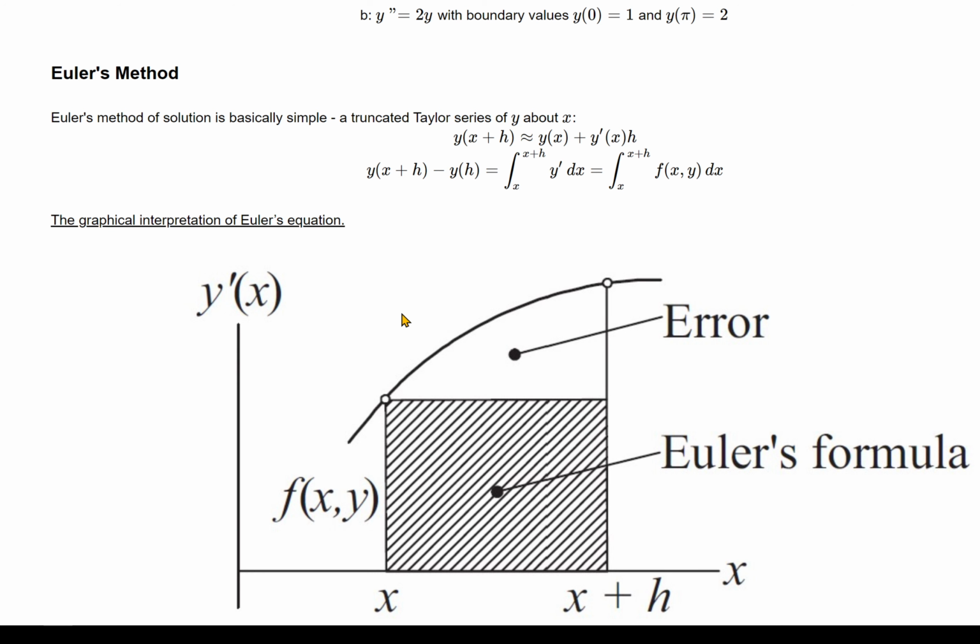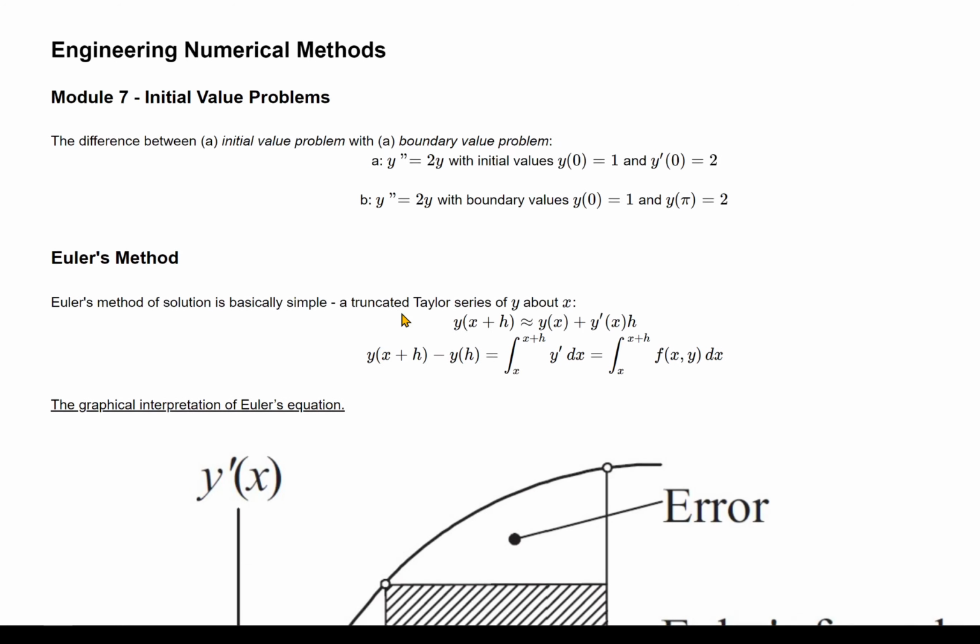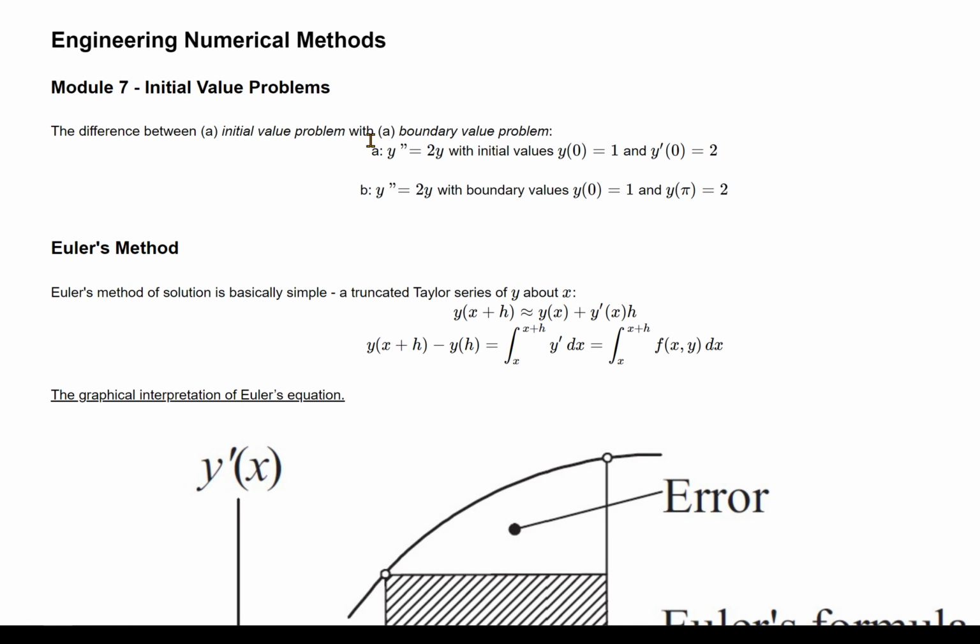Here the main difference is that you have initial values given. In the previous lessons we solved the two without these initial values. This time in module 7, most of our engineering problems have initial value conditions.